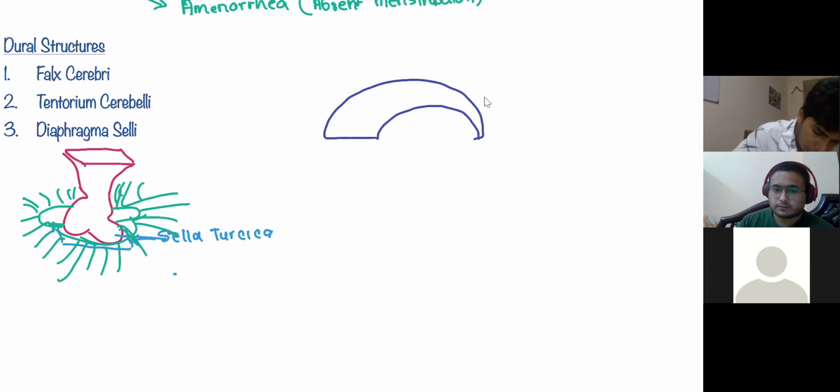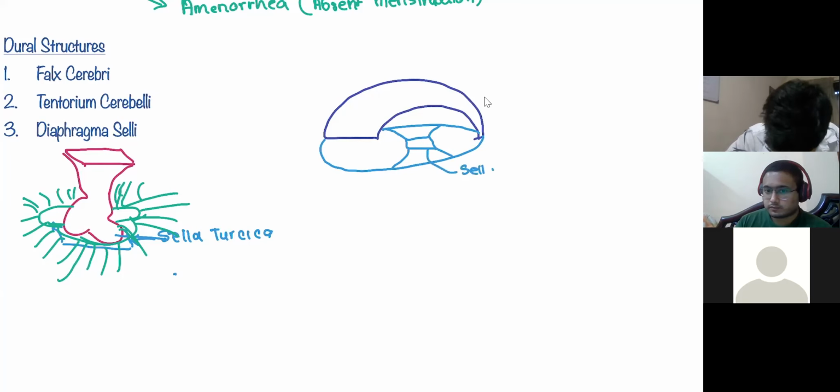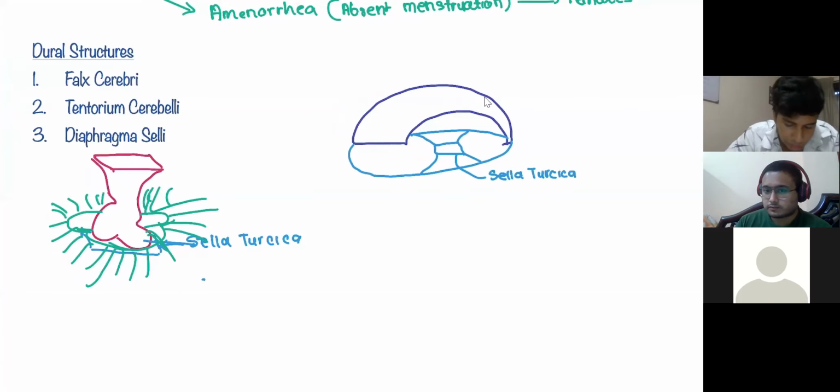Let me use a different color for the skull. It goes like this, and over here is where you have the sella turcica. Please understand that the falx cerebri starts thin in the front and goes all the way to the back of the skull.